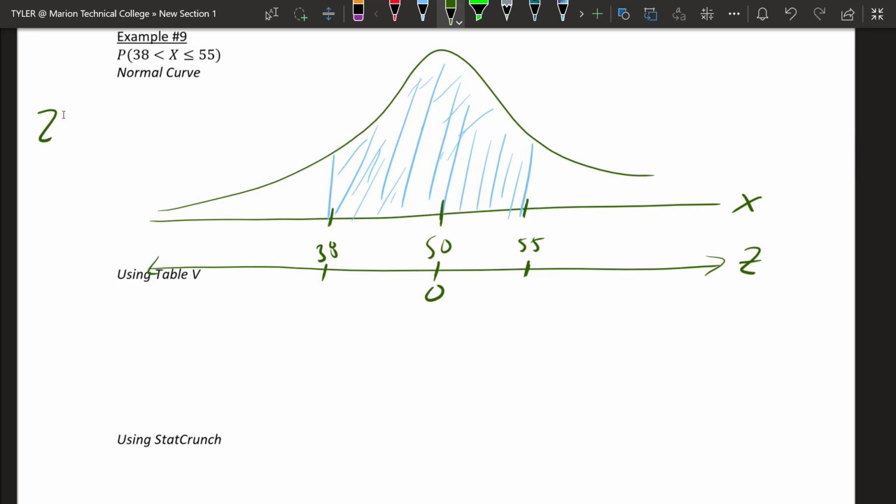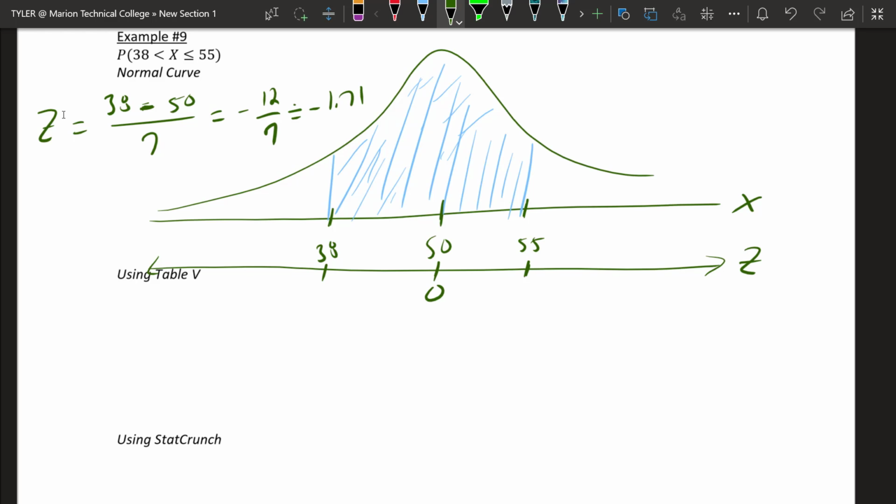So for 38, we would have z equals 38 minus 50 divided by 7, and this comes out to be negative 12/7, which is approximately equal to negative 1.71, rounding to 2 decimal spots.